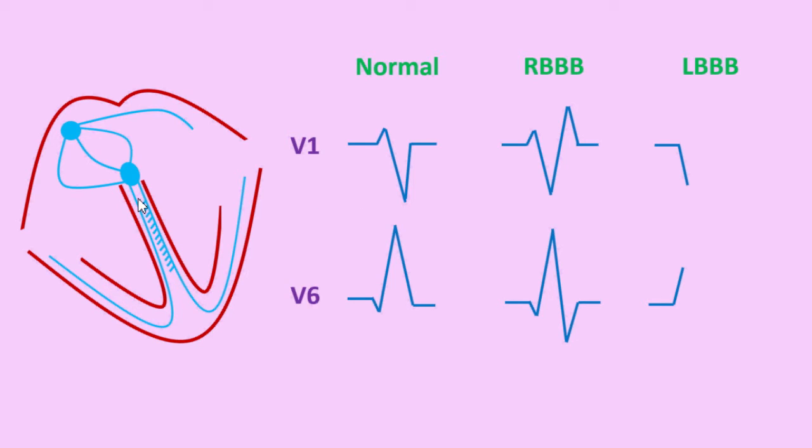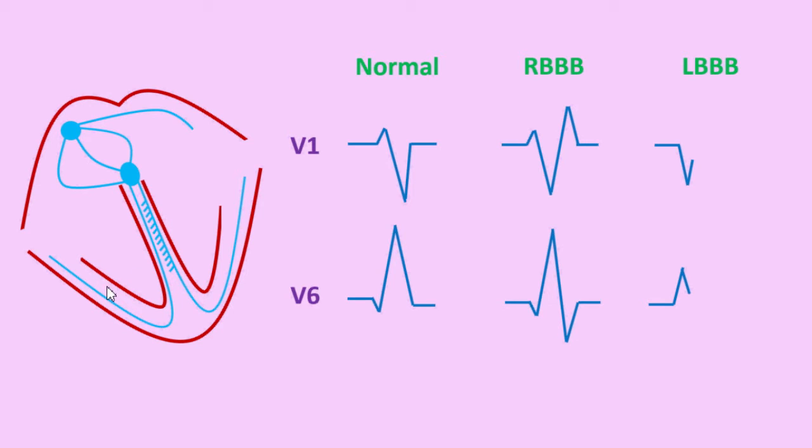After this, we have our normal depolarization of the right ventricle, which occurs here. So we have a positive deflection in V1 for the depolarization of this area here, and a negative in V6, since the depolarization of the right ventricle is moving away from the V6 electrode.